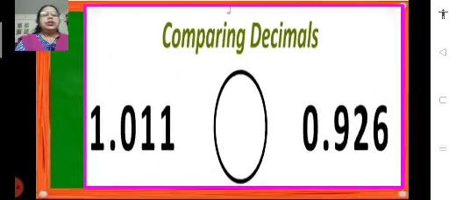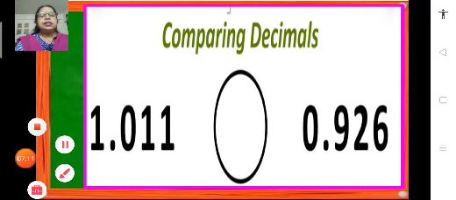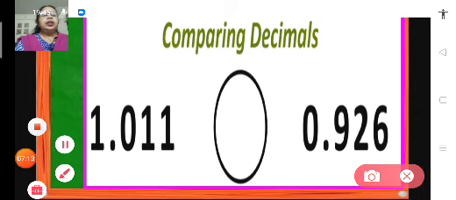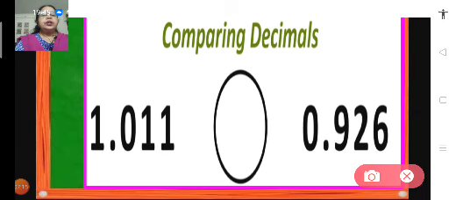Now without the pictorial representation, how can we understand which decimal is greater? So how can we decide which one is the greater decimal? Now look at these two decimal numbers. First, to compare the decimals, we compare the whole numbers.